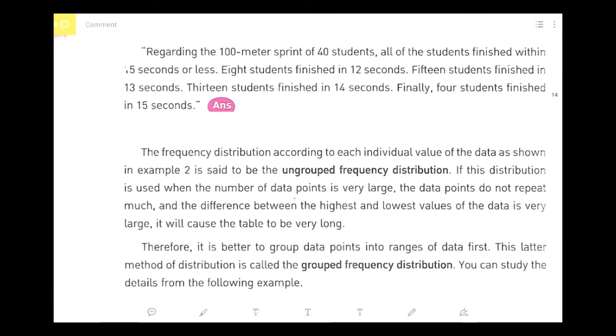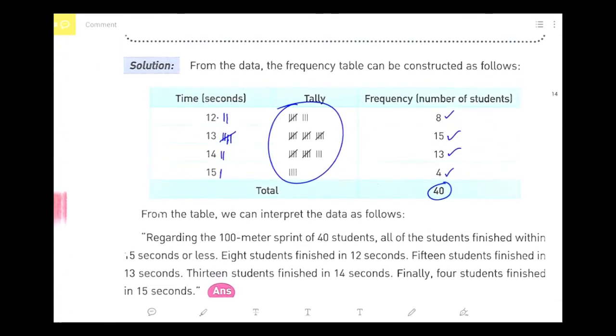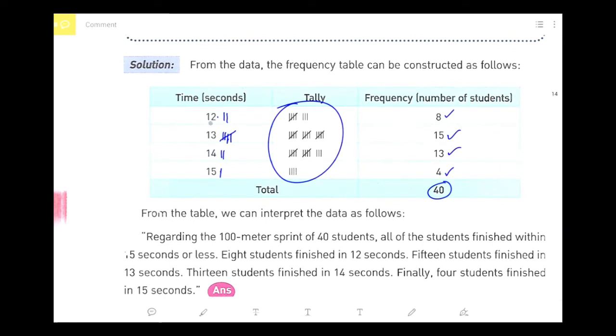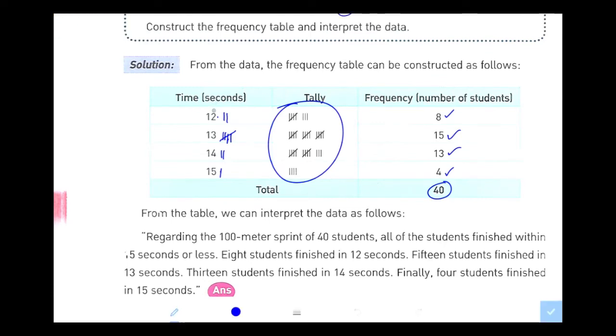Okay, I want to come back a little bit, right? When you have 12 seconds, 13 seconds, 14 seconds, 15 seconds, you see that they are alone, just one number in one box of your table.